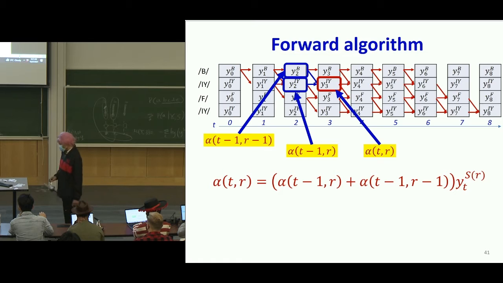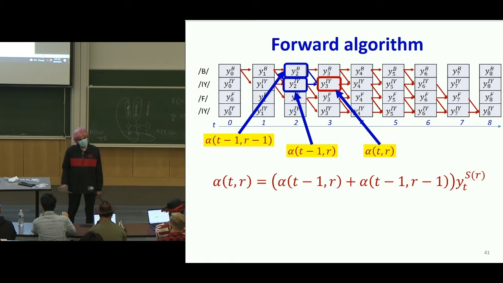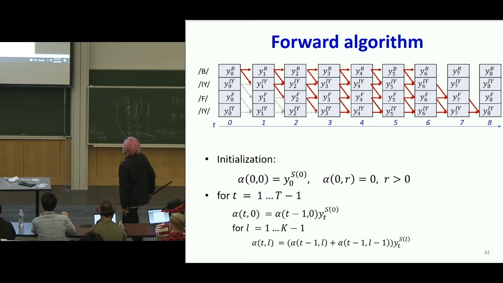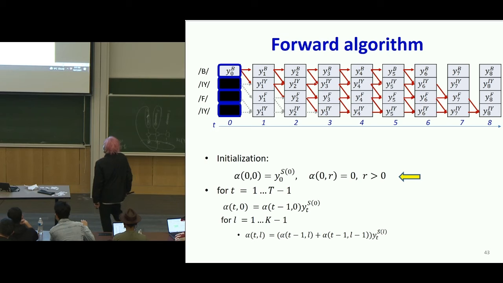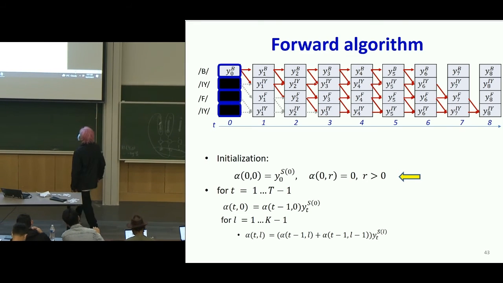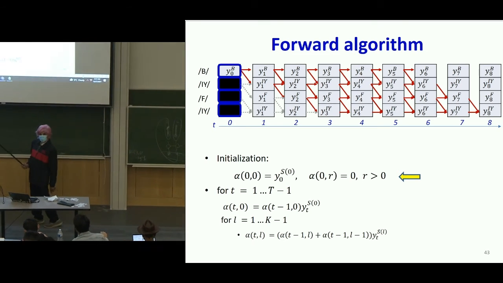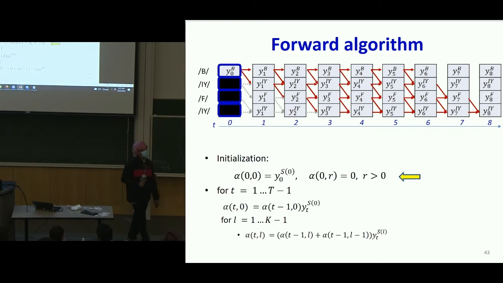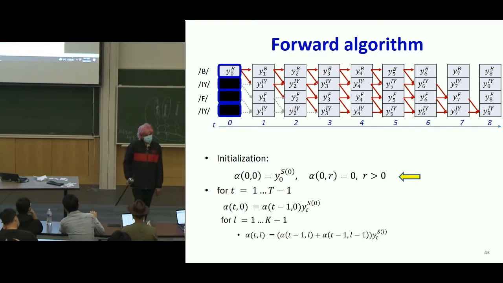So how can I use this? You can start at the beginning and simply step your way forward, right? In the very first column, I can define the alphas for all of the nodes. I know that I'm not allowed to be in any except the first node at time 1.